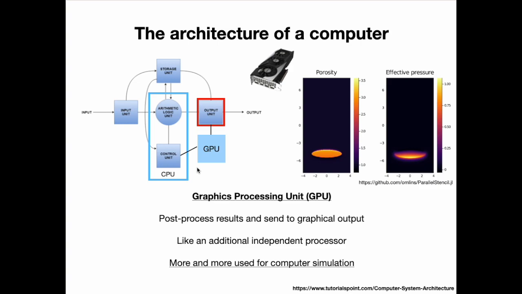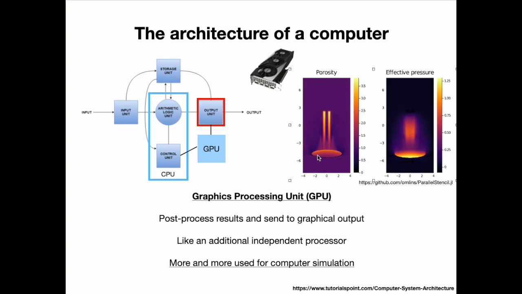And nowadays, the GPUs are not only used for gaming, but they are more and more used for computer simulations. So that's another example of a computer simulation. Here it's a multi-phase simulation, and what you're going to see is basically a fluid that will be extracted from a source region into a rock reservoir.